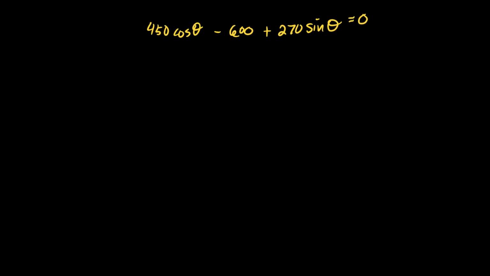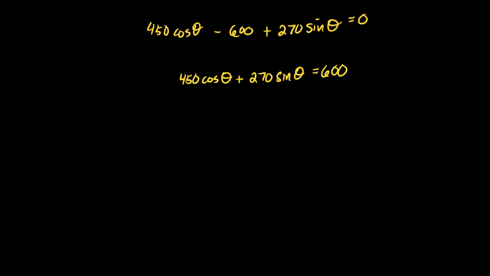What else could you do? You guys know some things, like I can move the 600 to the other side. But I think you're stuck here. I don't think there's anything else you can really do.